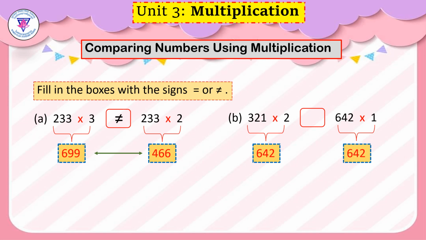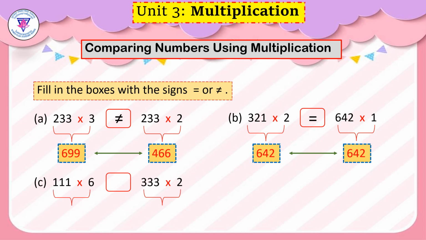And then the second number is 642. So if you are going to compare this number, are they equal or not? Okay, so the answer is equal because the answers are the same.